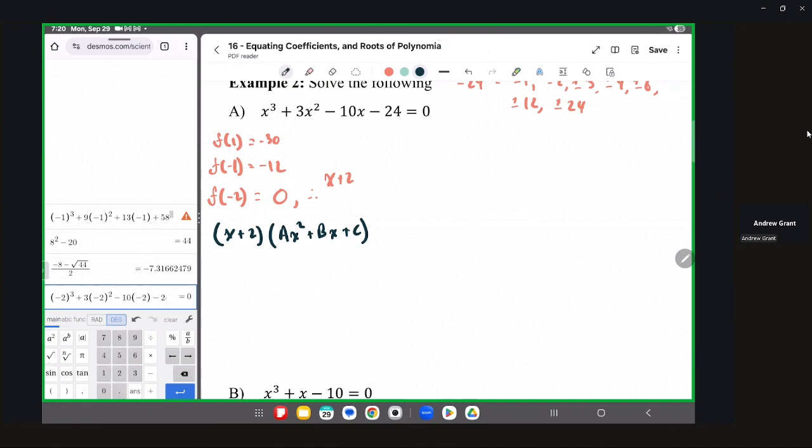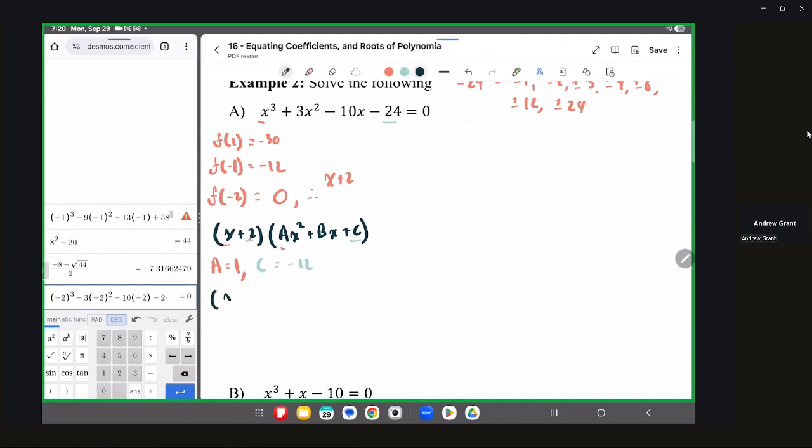And as a little shortcut here, we know or can figure out quite quickly that from inspection, x times ax squared has to give us x cubed. And the only way that this will make sense is if a is equal to 1. And by a similar token, we can multiply the 2 by the c, and that has to equal negative 24. So 2 times c equals negative 24, which means c is equal to negative 12.